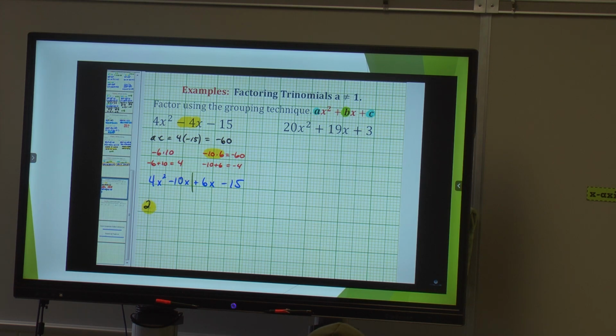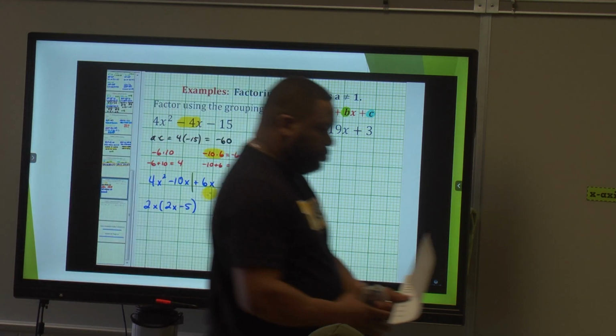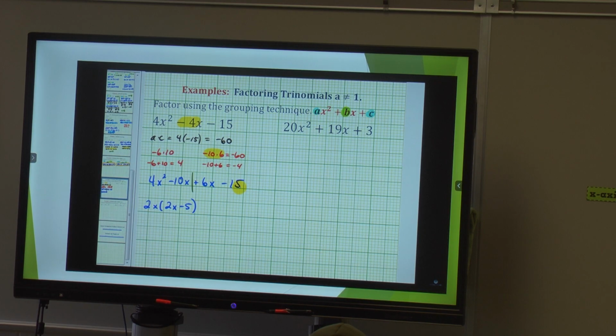So if we factor out 2x, we'd be left with 2x minus 5. And the greatest common factor of 6x and 15 would be 3, so we'll factor out a positive 3. And notice how we're left with 2x minus 5. And so we have this common binomial factor here, which we'll now factor out.